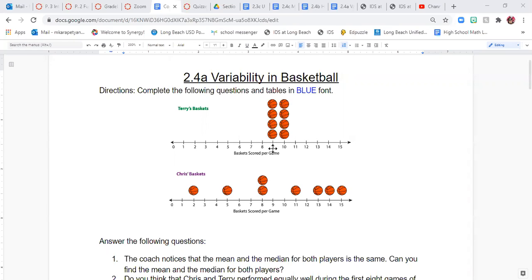Another game, he scored 9 baskets. Another game, 9 baskets. Another game, 9 baskets. And then there were 4 separate games during which Terry scored 10 baskets each game.